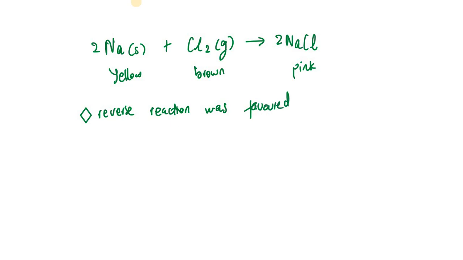Now, if the reverse reaction was favored, what was being used up more? Because if you're going to the left, it means you are using something where you are coming from. That means NaCl was being used up more, which tells you that perhaps NaCl was added.